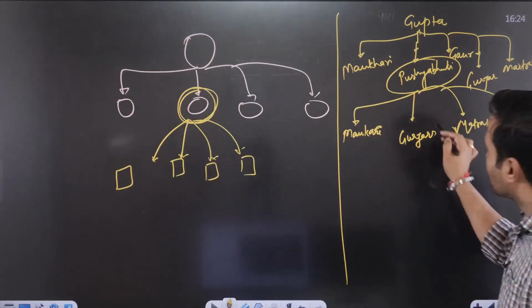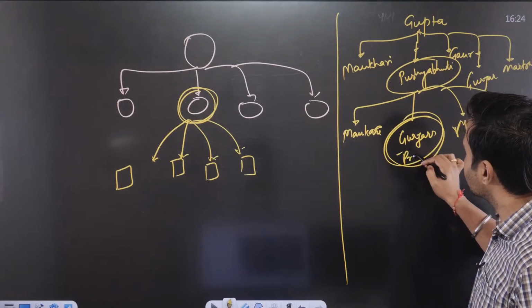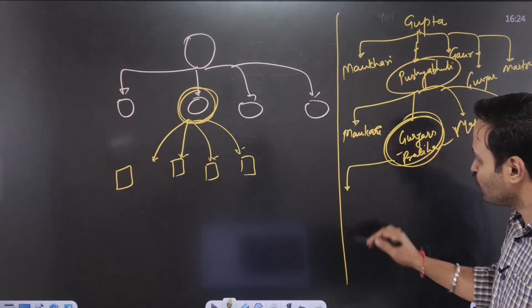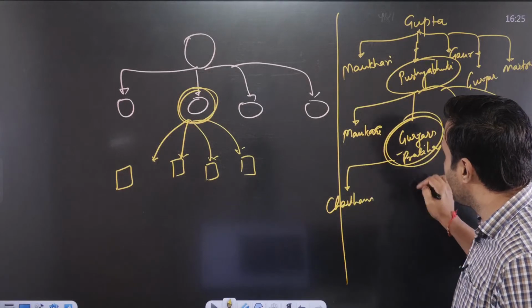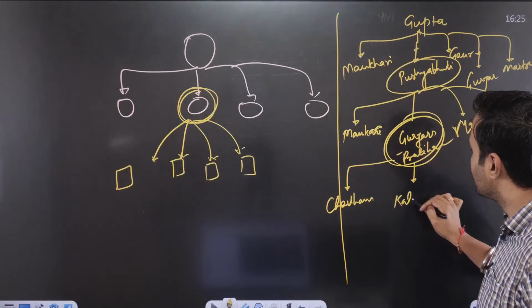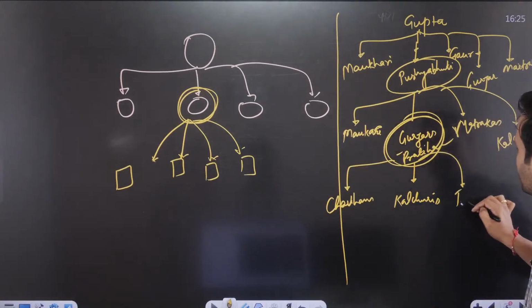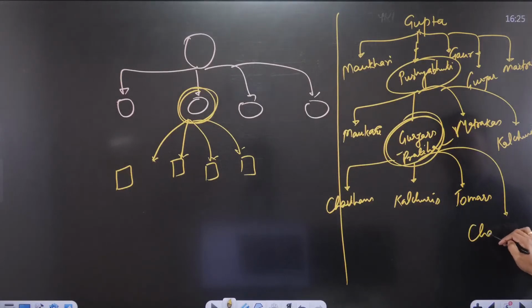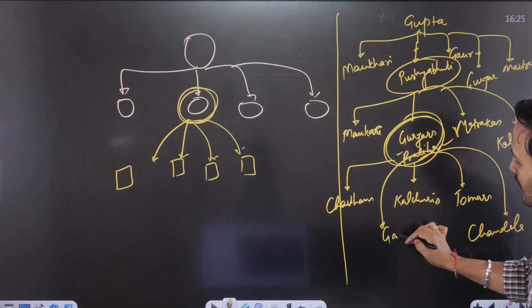Out of that, they will become more powerful, and Gurjar Pratiharas, right? So they will be having Chauhans, Kalchuris, Tomars, Chandel, then Gahadwal.